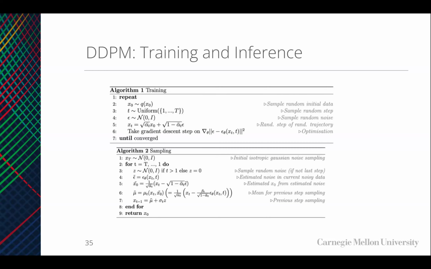And in the denoising, you have to go backward in time for every time step. You start from pure noise. You calculate the noise that you think should be added at that time, and you approximate x0, and then you try to calculate the sample of the previous step.